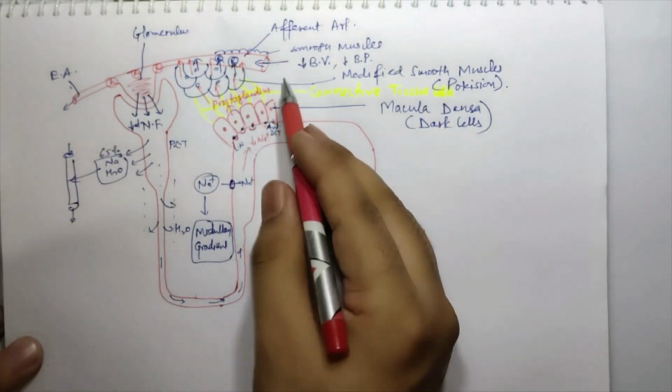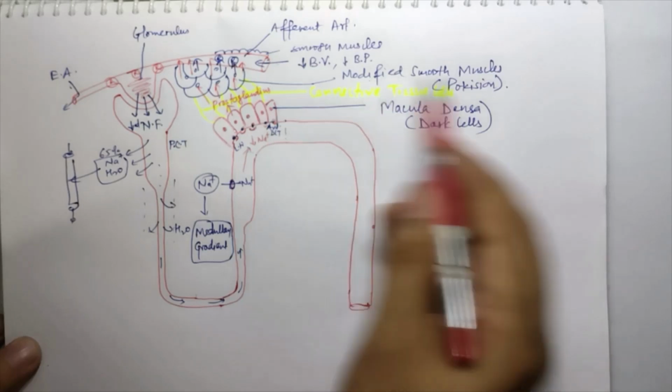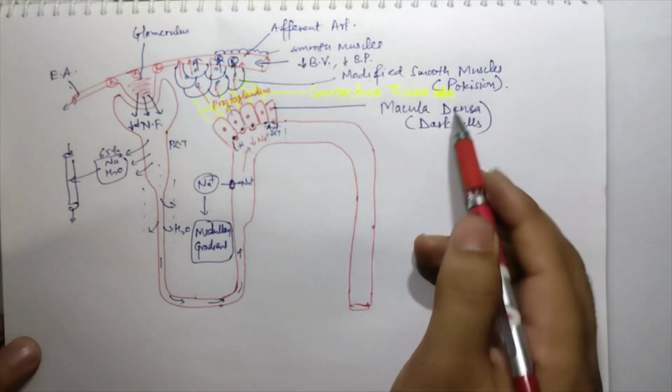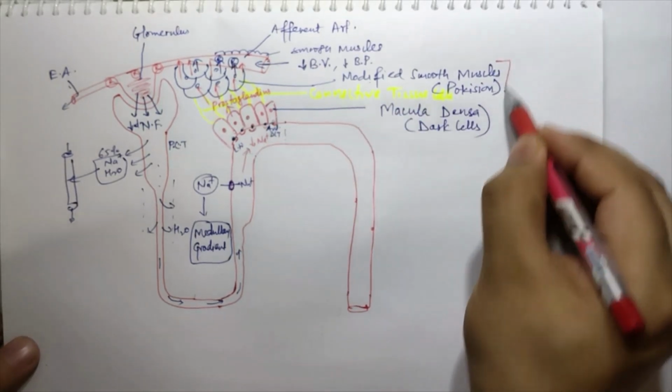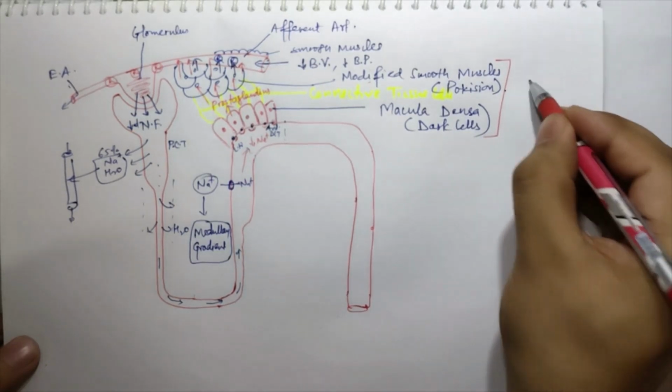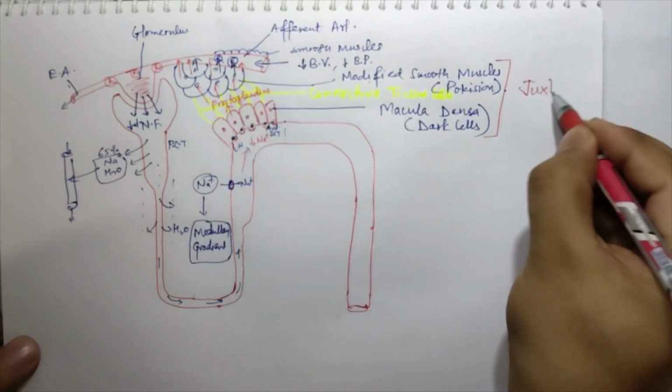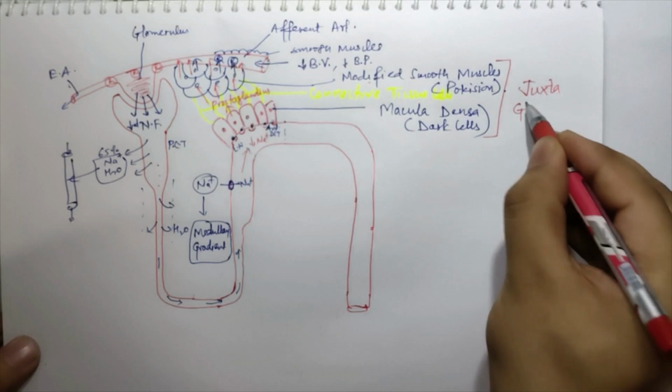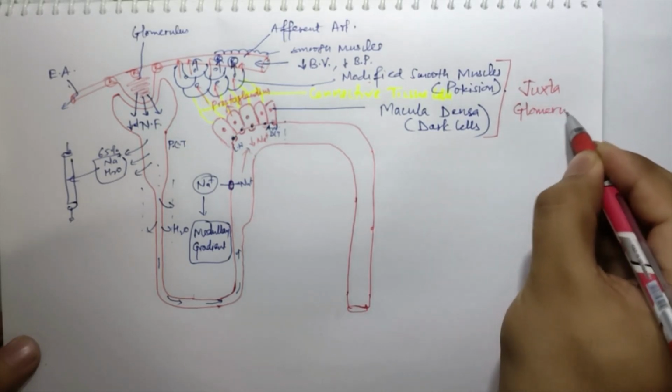Collectively the complex of these modified smooth muscles, connective tissue cells and macula densa cells form the juxtaglomerular apparatus.